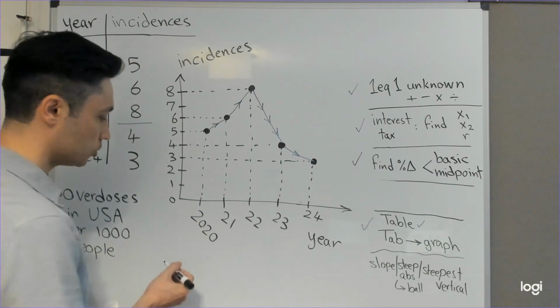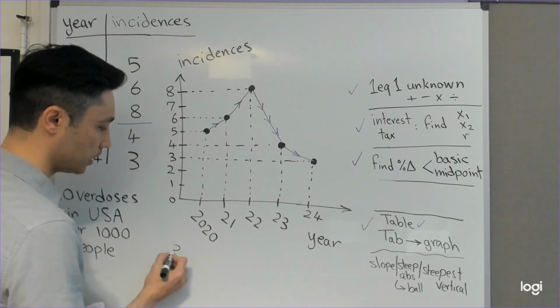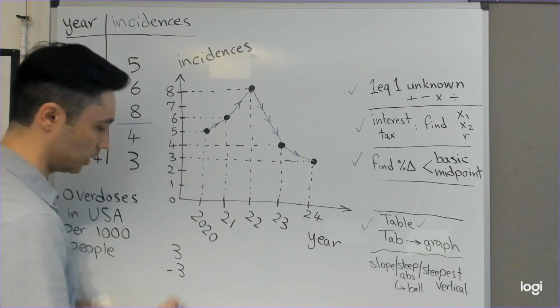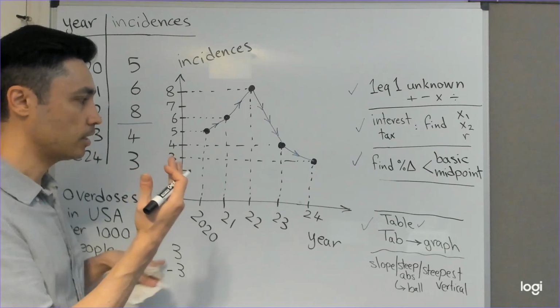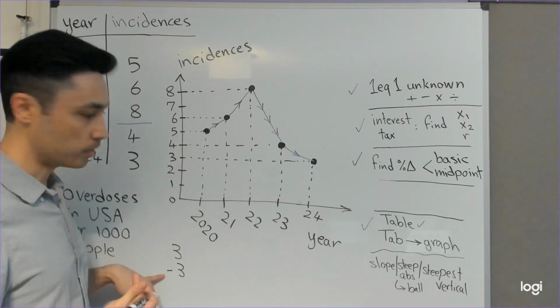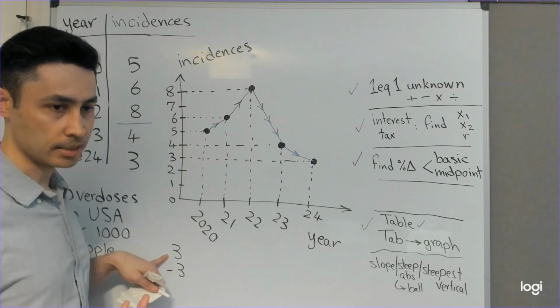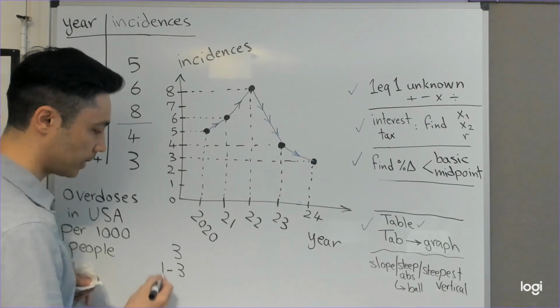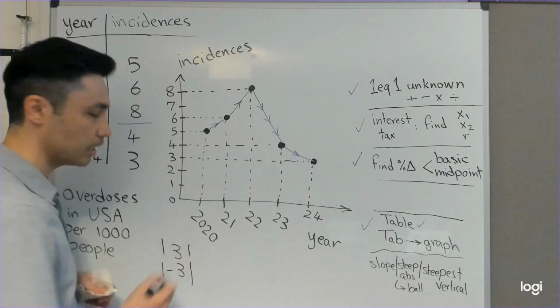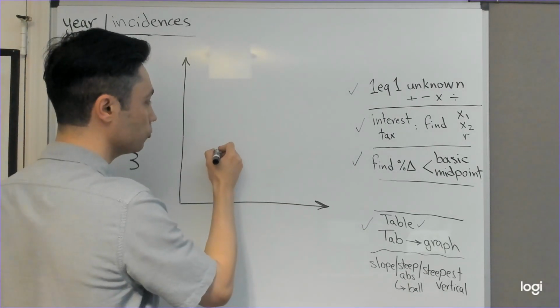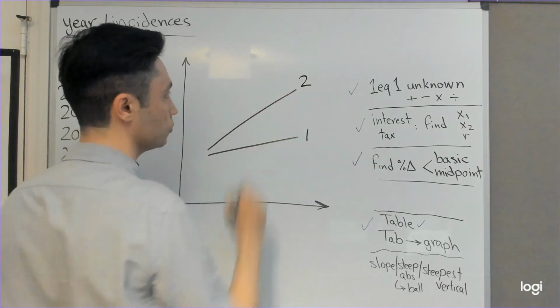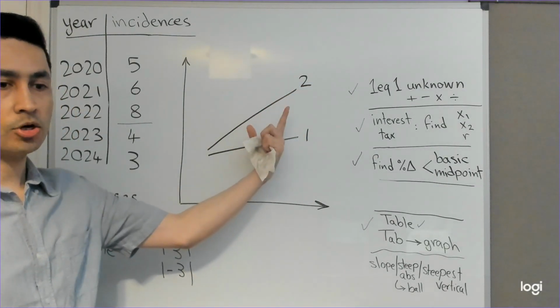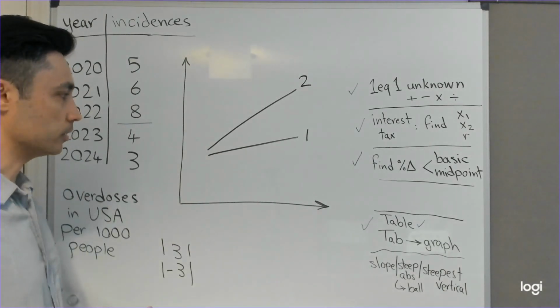Meaning if your slope is, let's say, 3 or negative 3, there are different slopes because one of them is a positive slope, the other is a negative slope. But if you think of them as a steepness, by taking the absolute values, they are equally steep. If I have two lines, let's say line 1 and line 2, line 2 has a larger slope than line 1.